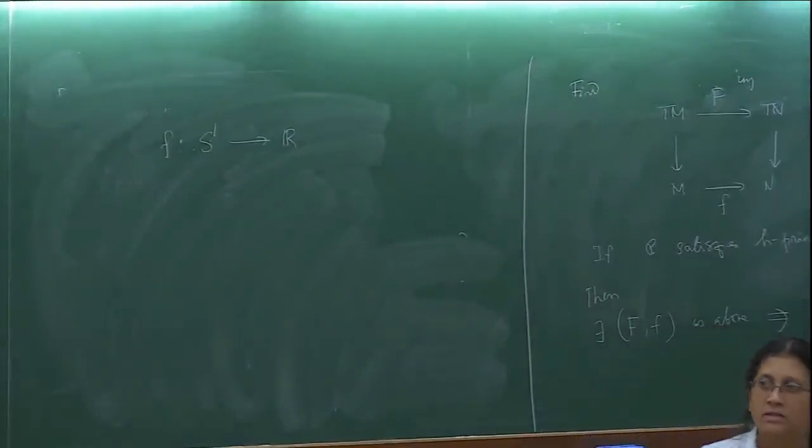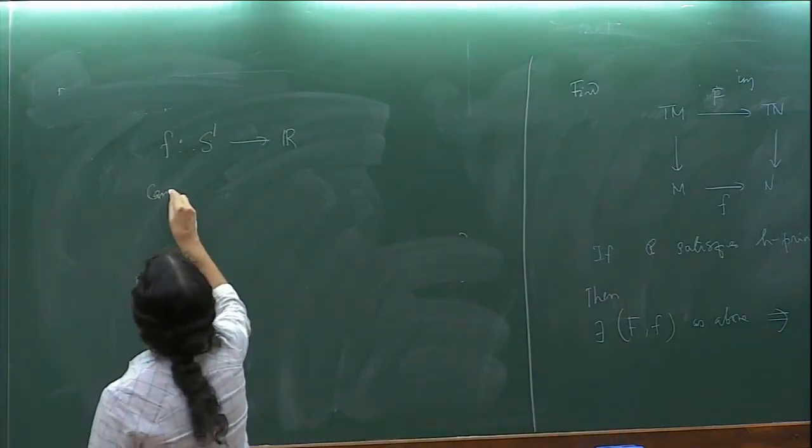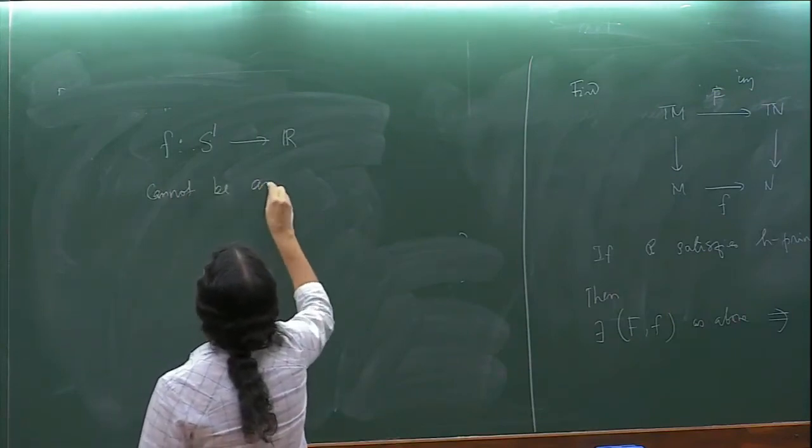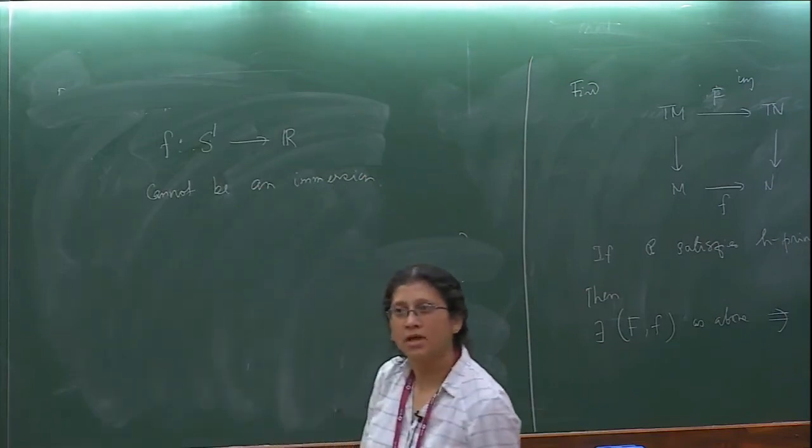S^1 is compact, so it will have a maxima as well as minima. So there it cannot be an immersion at those points. So no function on S^1 can be an immersion.